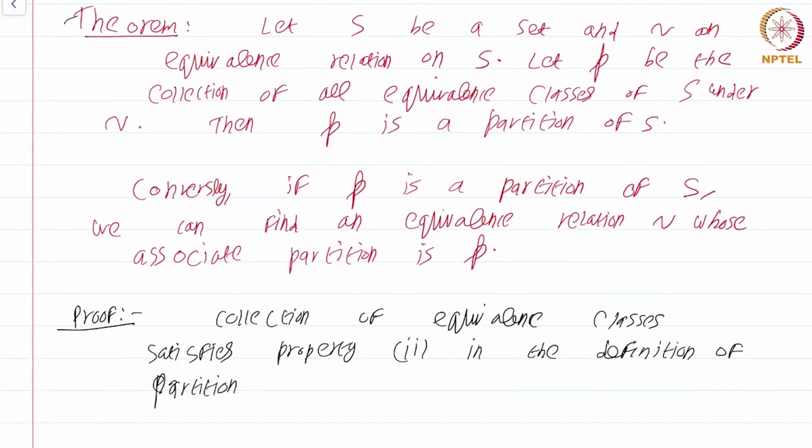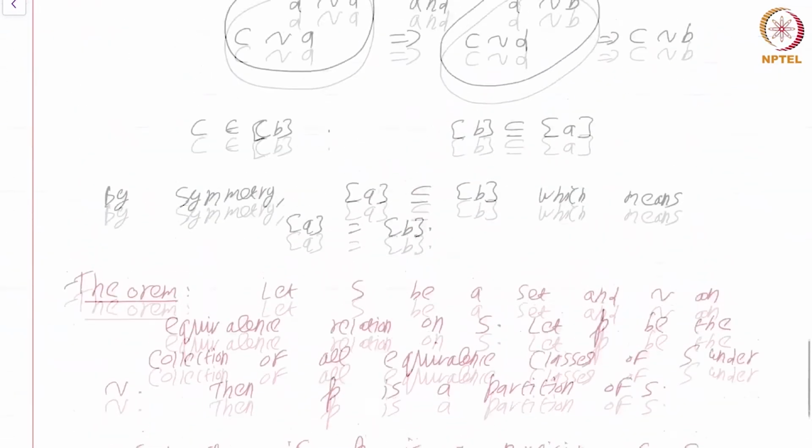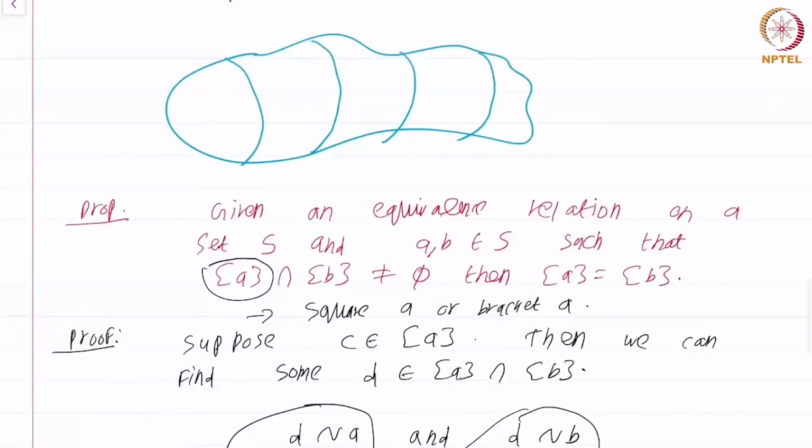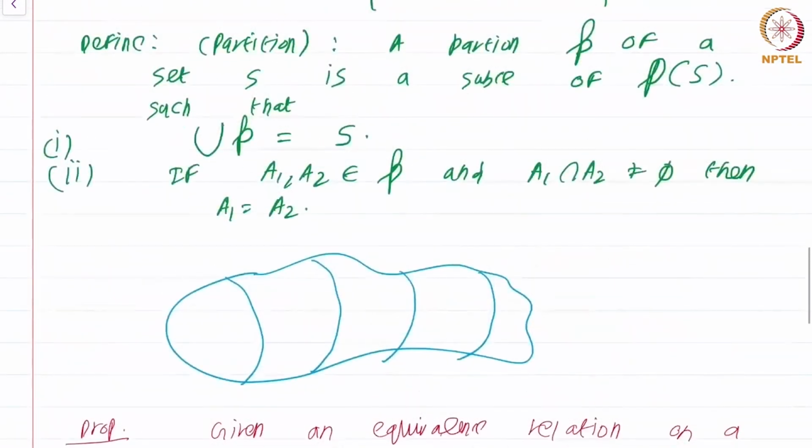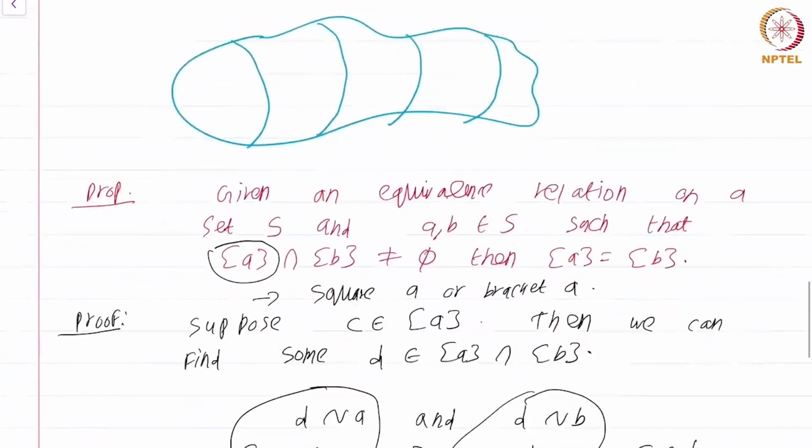That is, we just showed in the previous proposition that if two equivalence classes intersect, then they must be identical, which is exactly what condition 2 in the definition of partition states. So all we have to do is check condition 1.